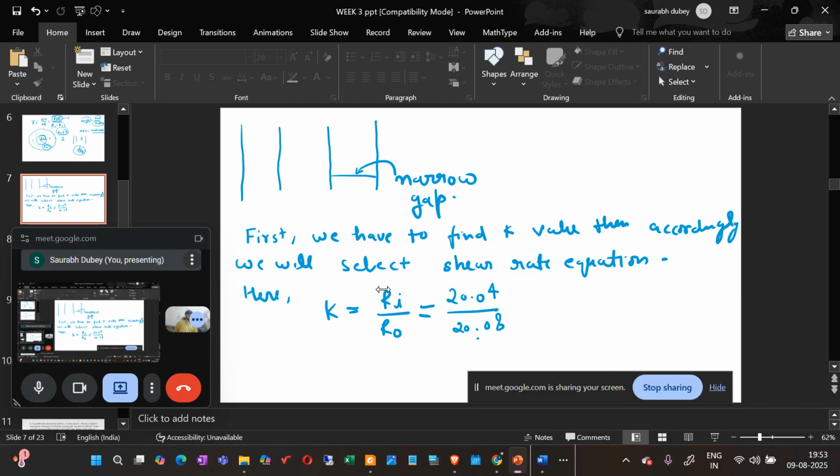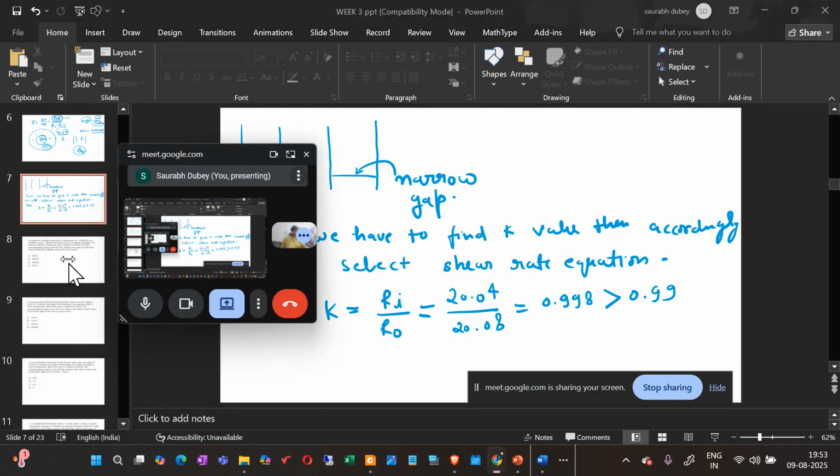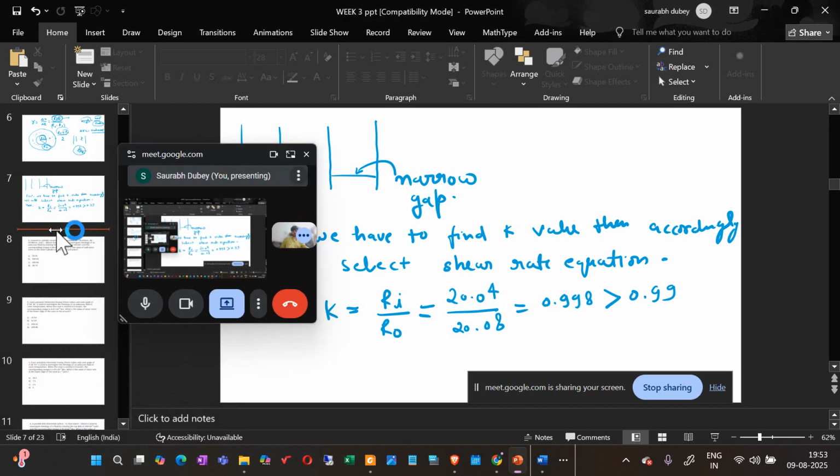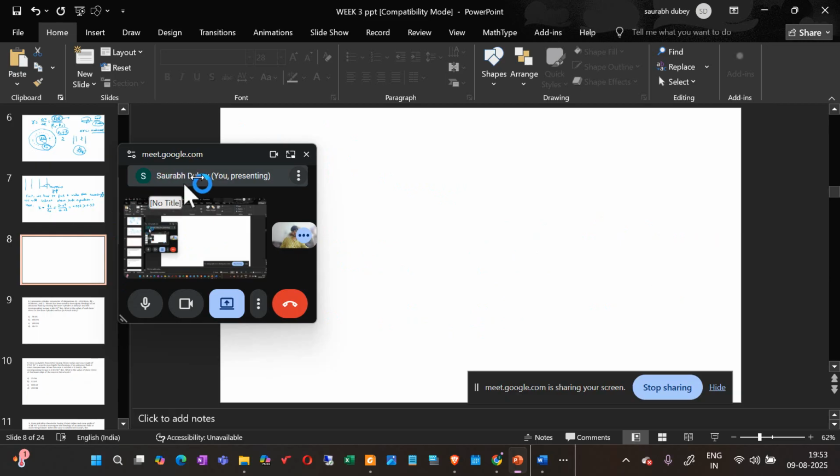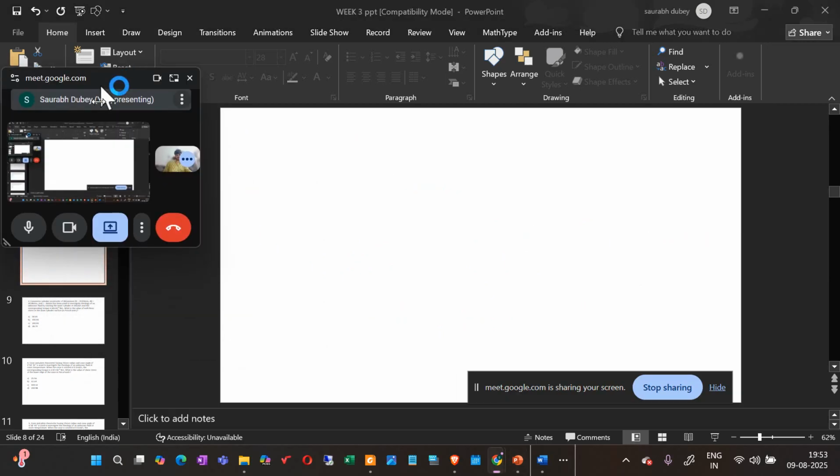Okay, then you will be getting 0.998, which is greater than 0.99, right? Thus, so what? You can actually neglect the, if I can pin it.